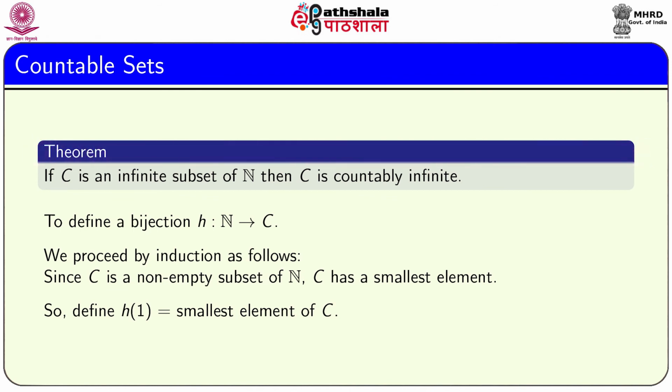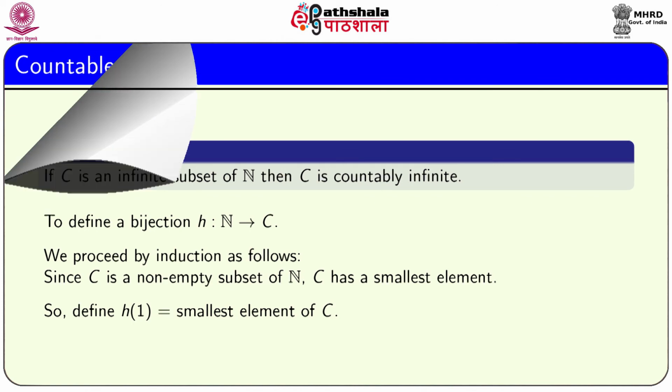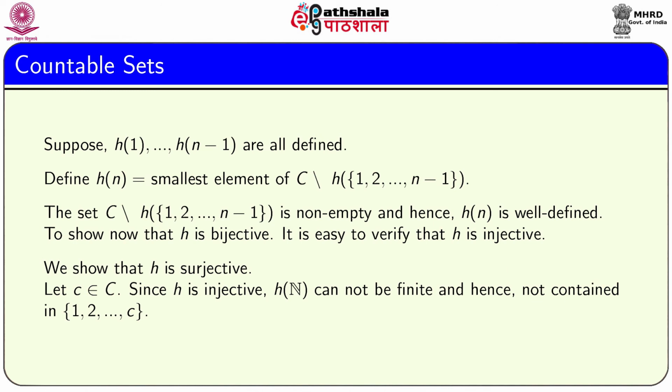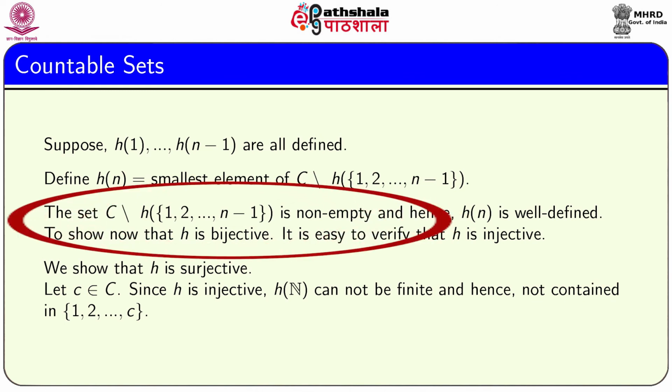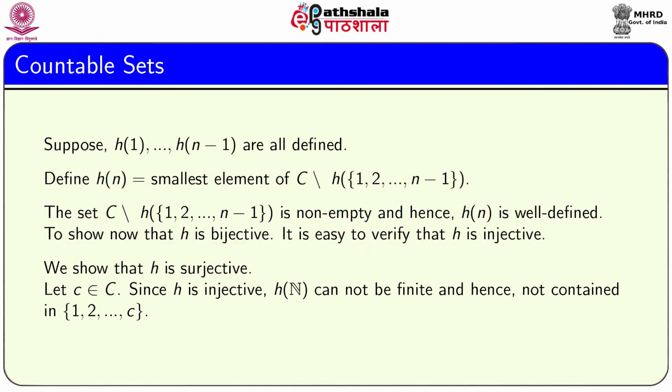So, define H(1) equal to the smallest element of C. Let us assume that H(1) to H(n minus 1) are already defined. Then define H(n) equal to the smallest element of C minus H({1 to n minus 1}). The set C minus the image of the set {1 to n minus 1} under the map H is non-empty, and therefore, H(n) is well defined.